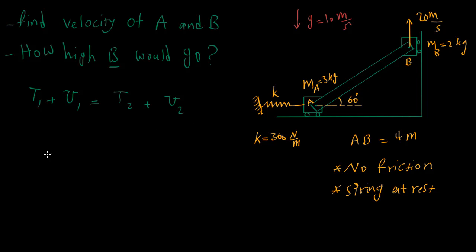Let's calculate these quantities. So at the initial position here, where we have this 20 meters per second velocity for particle B, for slider B, the spring is at rest, we have to calculate the kinetic and potential energy. And then we assume that this slider would go up by an unknown value, let's say y, and then calculate the kinetic energy and potential energy at that unknown position.